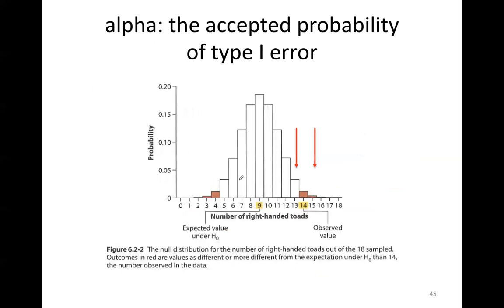Which alpha we choose. So for instance, in the example of the toads, this was the null distribution, as you remember. This was the observed value we got, and we calculate the p-value as follows, right? We summed up this area, and also we summed up this area. So the alpha threshold of 0.05 would correspond to here.